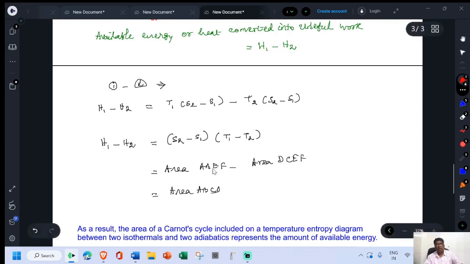So the interim step, if you need, you may put like this. If you take out S2 minus S1, here T1 is present, here T2 is present.